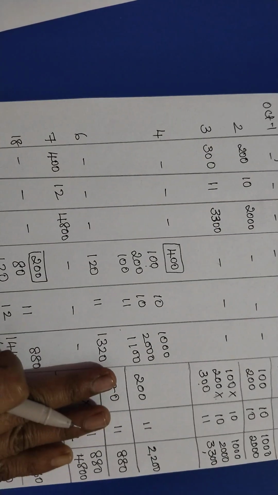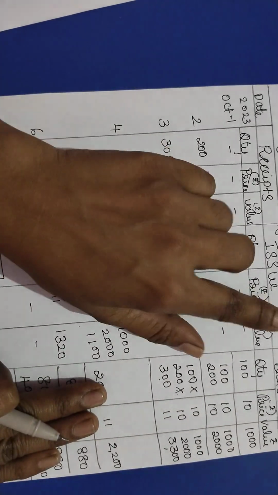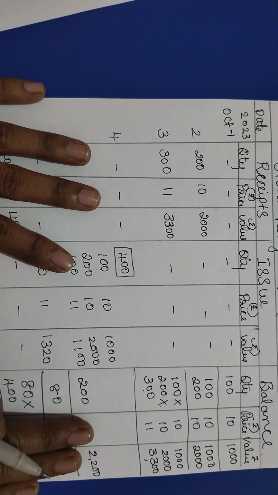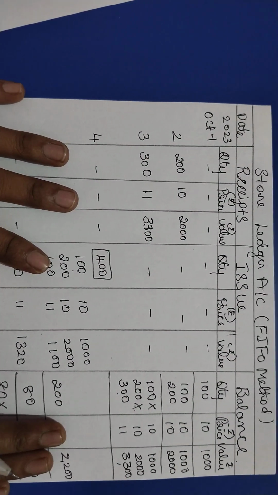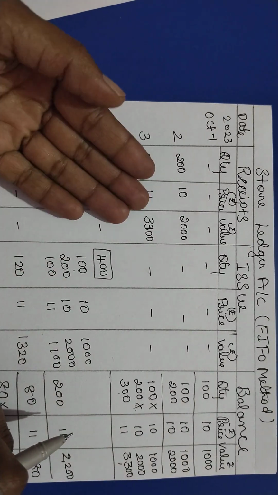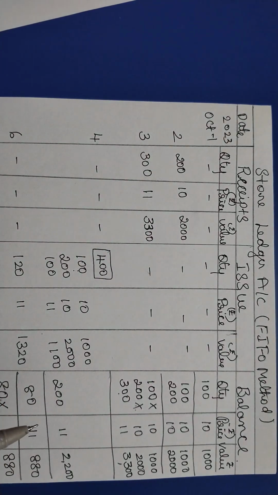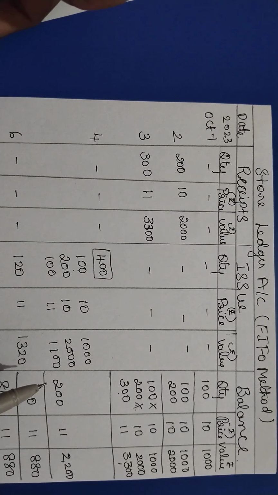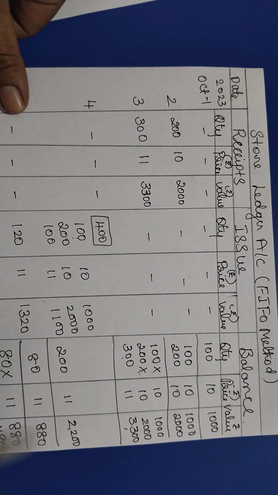Here you need to understand the concept of FIFO. We have different methods of maintaining the store ledger. Otherwise, you won't be able to keep track of the material inflow and outflow. Inflow is you are receiving from the supplier to the storeroom. Issue, that is, outflow, is from the storeroom to production activities, right?